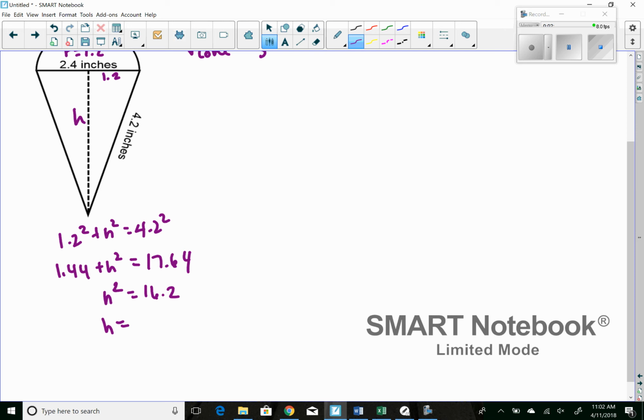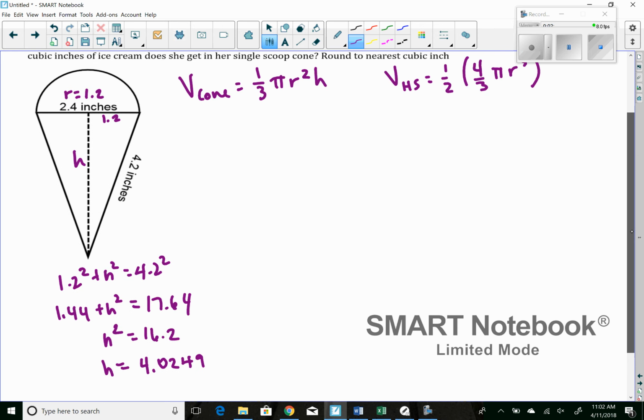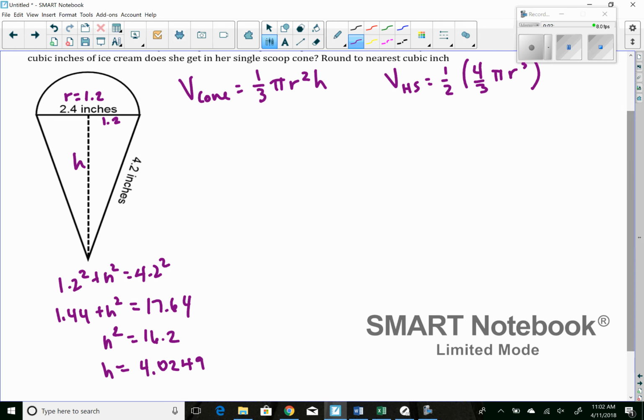And if I square root that, the square root of 16.2 is some crazy looking decimal. Now remember, this is not my answer, so I want to round well past what my answer is going to be. So about 4 decimal places. Now I know the height of the cone, so now we can go through and start to find the volume.